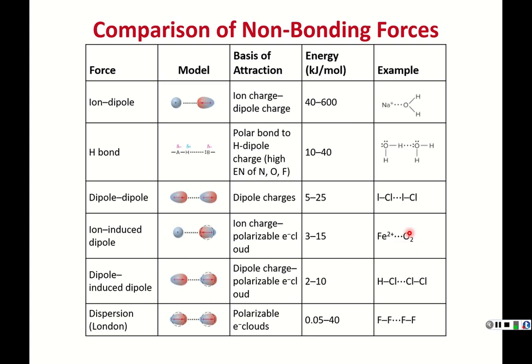Oxygen doesn't normally have a dipole, but in the presence of an ion here, it can get polarized and have an induced dipole. So the positive charge here can attract more electron density to this side of the oxygen and create a dipole on it. Okay. You can have a dipole-induced dipole where you have a partial charge inducing a partial charge on something else.